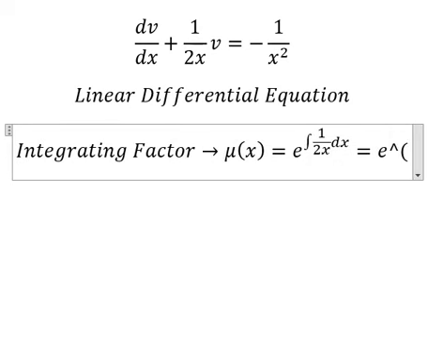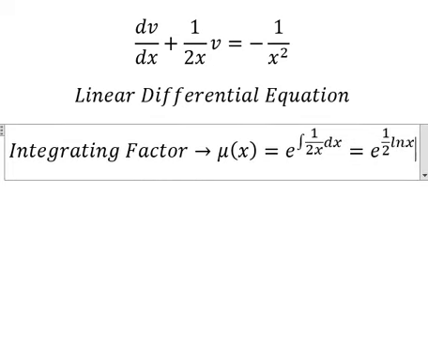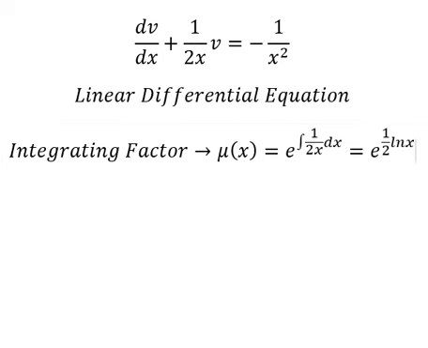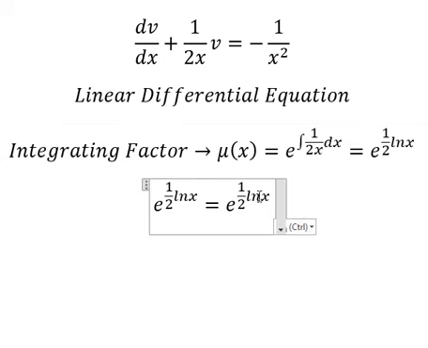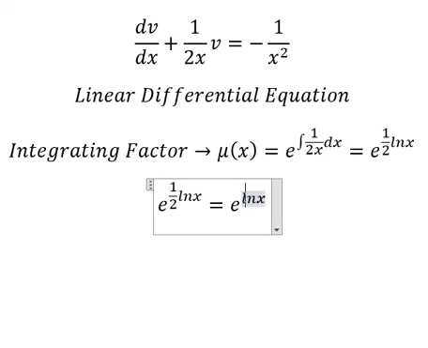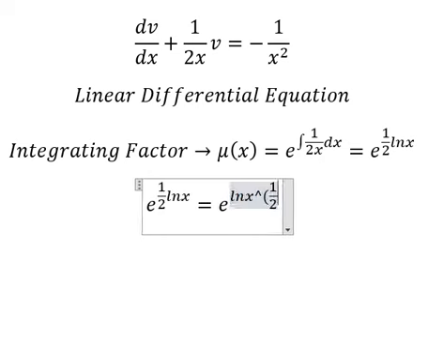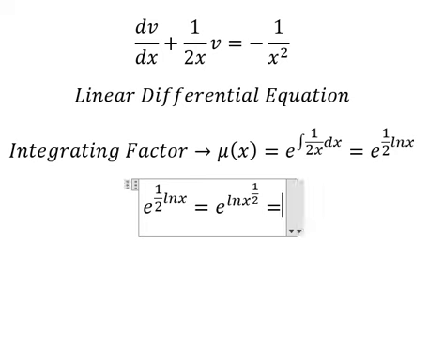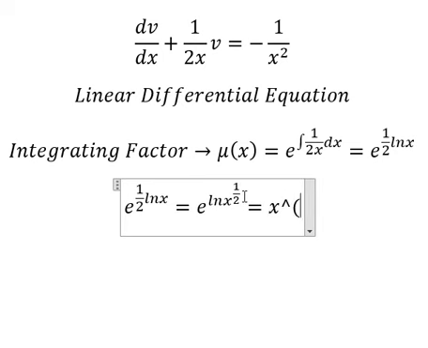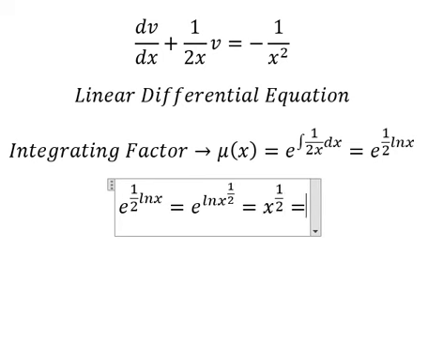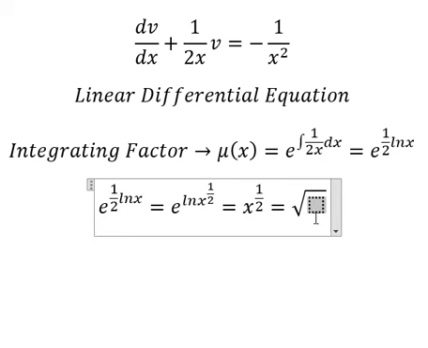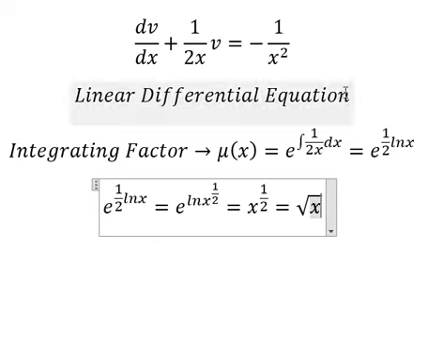So the integration of 1 over x, we have ln x. Then the 1 over 2 goes inside the natural log here. We simplify it, and we have x to the power of 1 over 2, which is the square root of x.